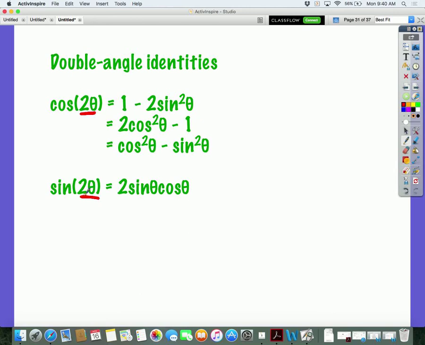You're not going to use all 3 at the same time. You pick which one of the 3 best fits your problem, and you can substitute any one of them for cosine 2 theta. It depends on the problem, and you'll see in a second why one is better than the other. Then you have sine 2 theta, or sine 2x, or sine 2 alpha. It's 2 times sine theta cosine theta.